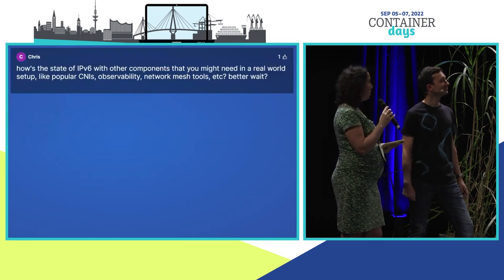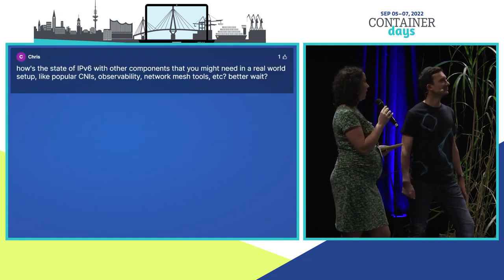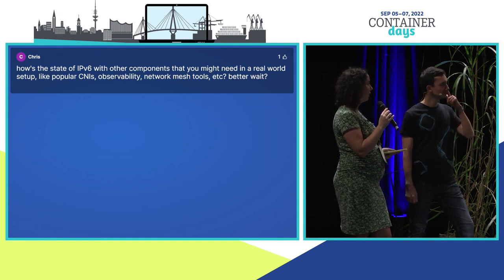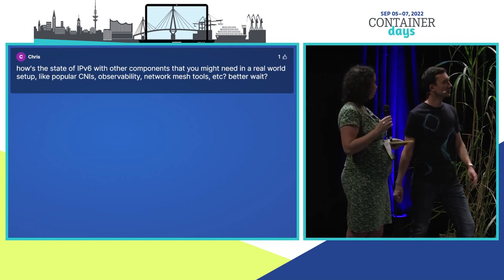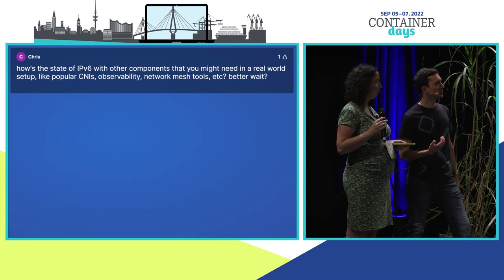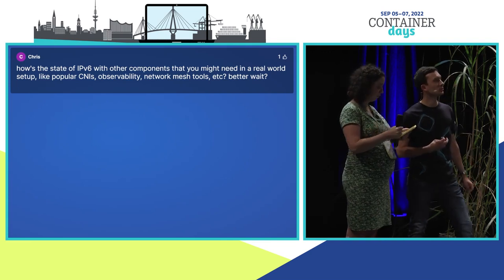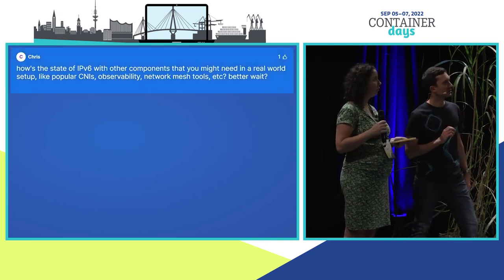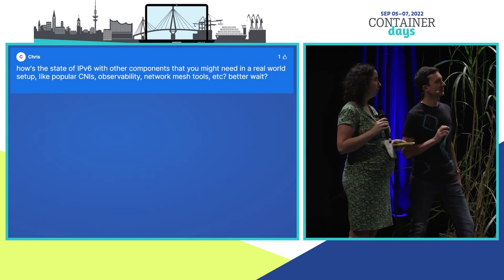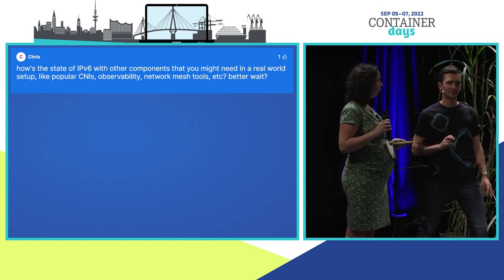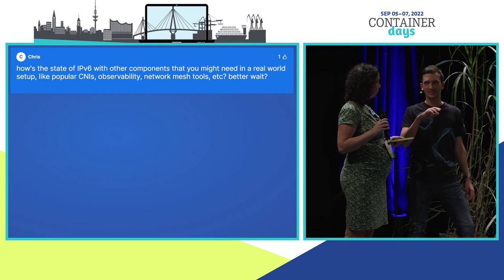How is the state of IPv6 with other components that you might need in a real-world setup, like CNIs, observability, mesh tools, etc.? Yeah. So CNIs, I think I covered. The most used ones already support dual stack. For things like observability, if they work on layer 7, they don't really care.